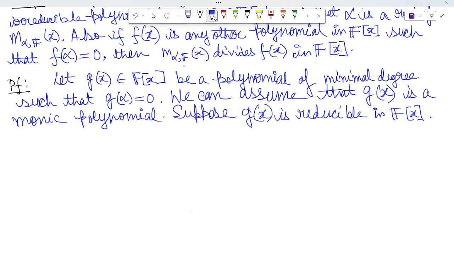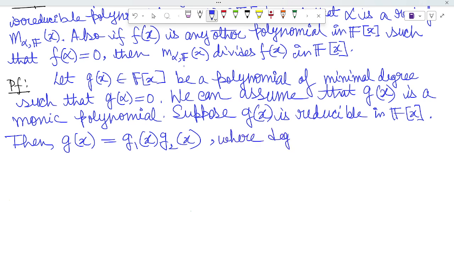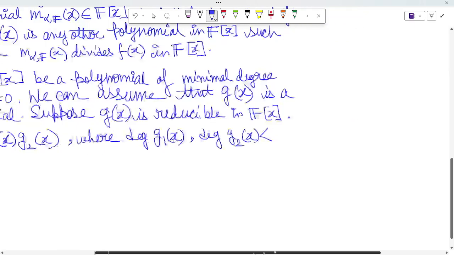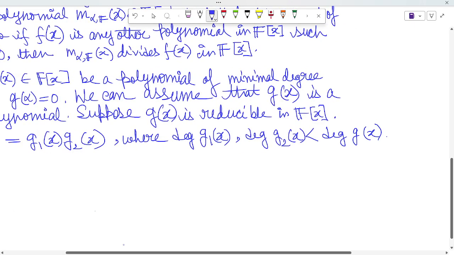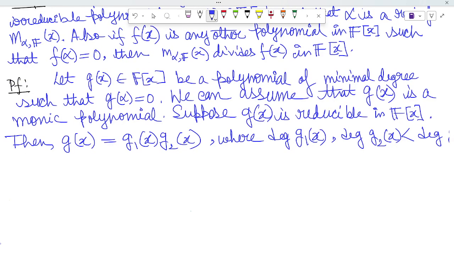What is the definition of reducible? Reducible means it can be written as a product of two non-zero, non-unit elements. Then we can write g(x) as g1(x) times g2(x), where the degrees of g1(x) and g2(x) are strictly less than the degree of g(x). That is the irreducibility condition.